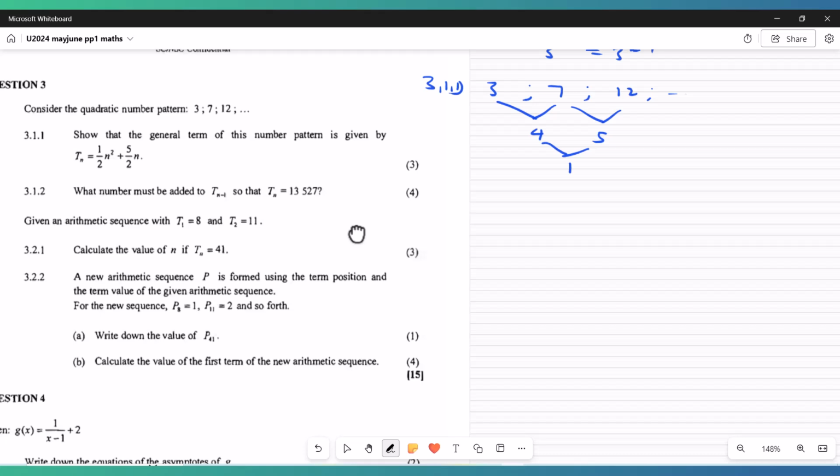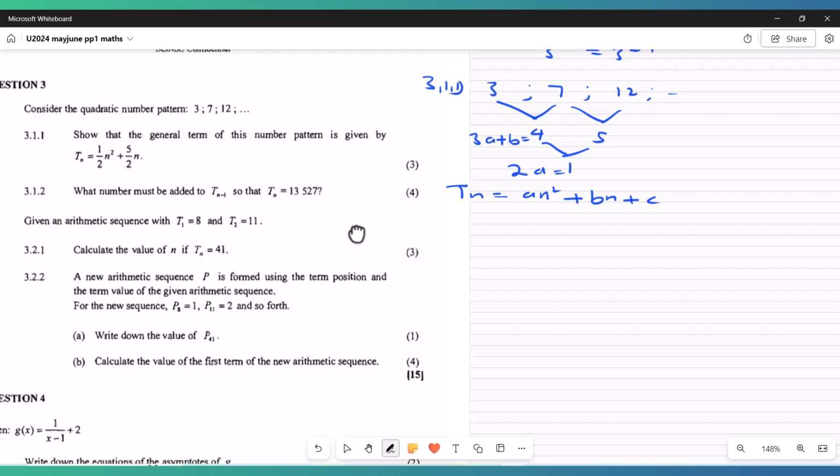We get 1. Now if you remember our formulas, we know that our Tn for the quadratic equals an squared plus bn plus c. In this case, our 2a is the second difference, so our 2a equals 1. Then our 3a plus b is our first difference, which is this 4.